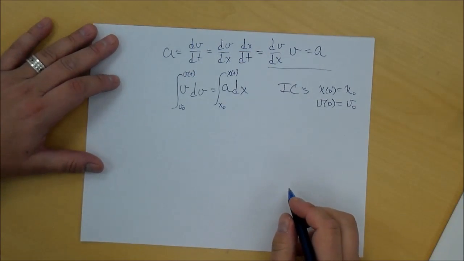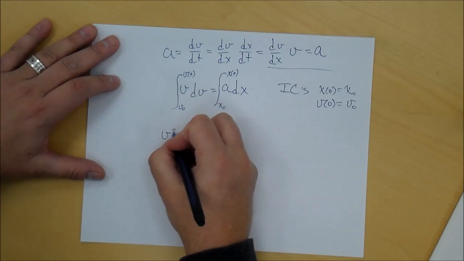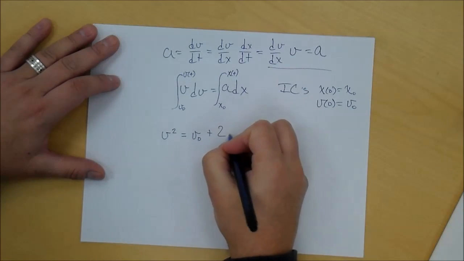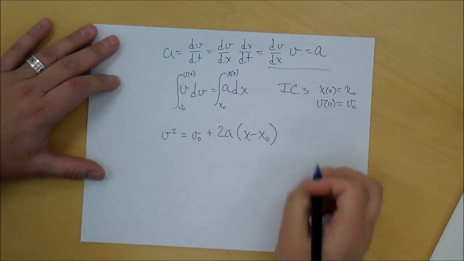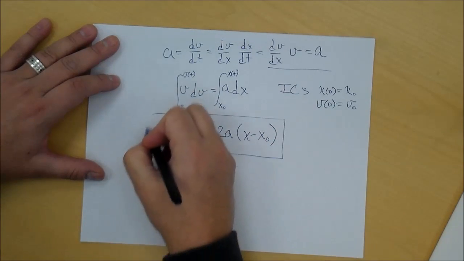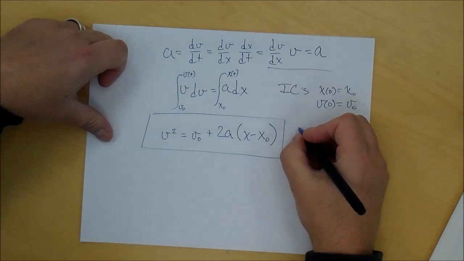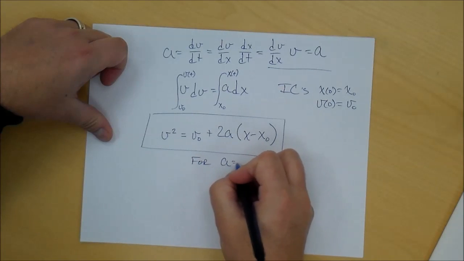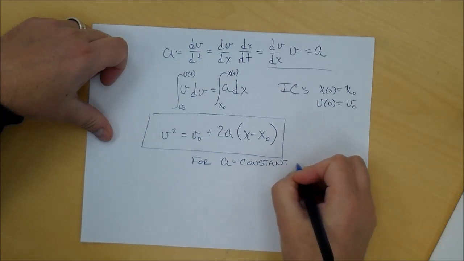Okay, and so if I do this integration, the result is v squared equals v naught squared plus 2 times the acceleration times x minus x naught. So this can be a useful relationship. Again, this is only valid for uniformly accelerated motion, which means that the acceleration is a constant.